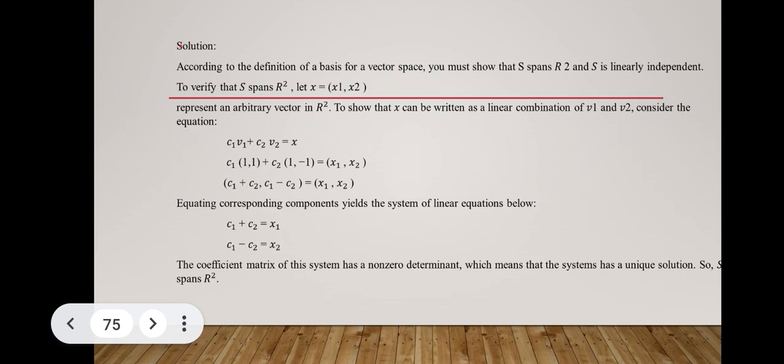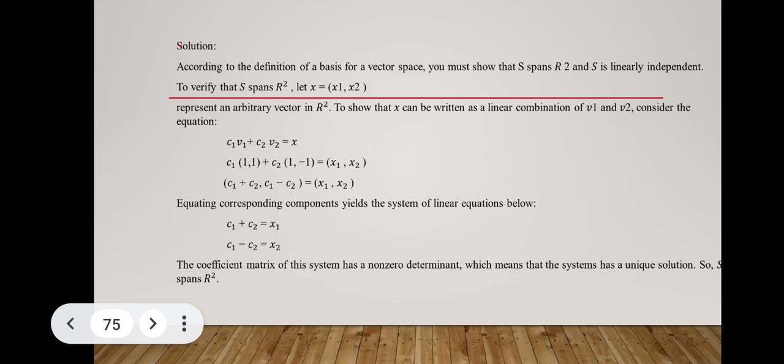Based on our given, c sub 1 (1, 1) plus c sub 2 (1, negative 1) equals (x sub 1, x sub 2). So (c sub 1 plus c sub 2, c sub 1 minus c sub 2) equals (x sub 1, x sub 2). What is the next thing that we are going to do?